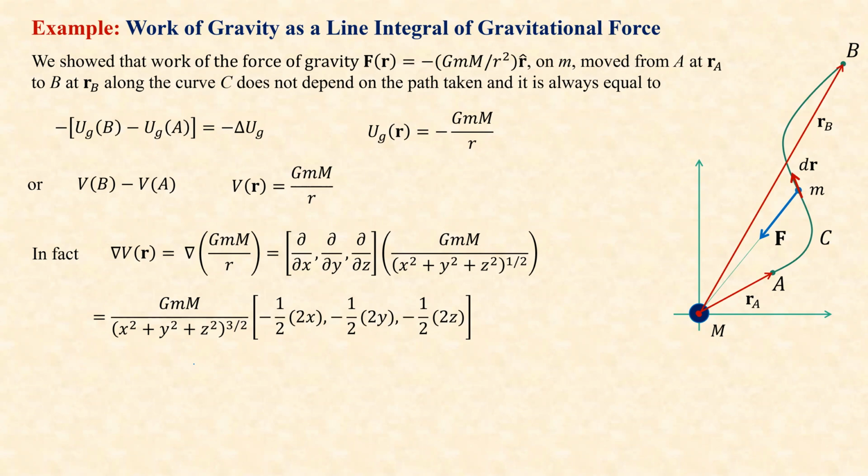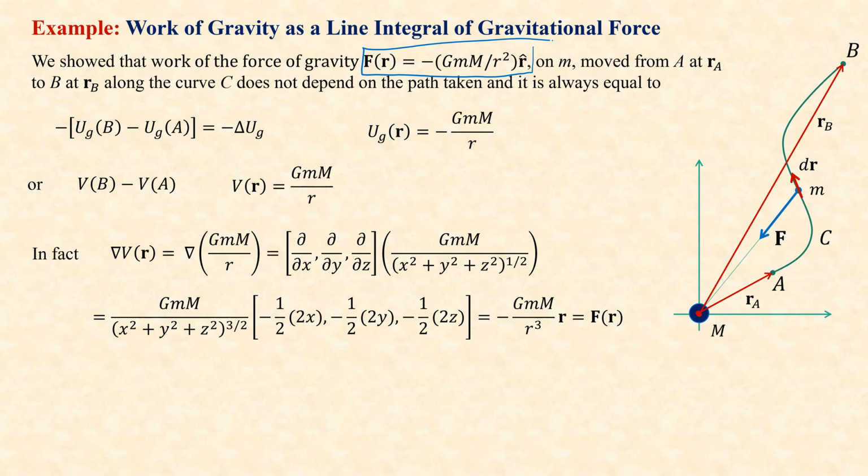It was in the numerator as negative 3/2; we brought it to the denominator. And then the x component has negative 1/2 times 2x, negative 1/2 times 2y, negative 1/2 times 2z. Those 2's cancel. We can also bring the negative sign out. So it becomes negative GMm over R cubed times R, and that is exactly F of R that we had originally.